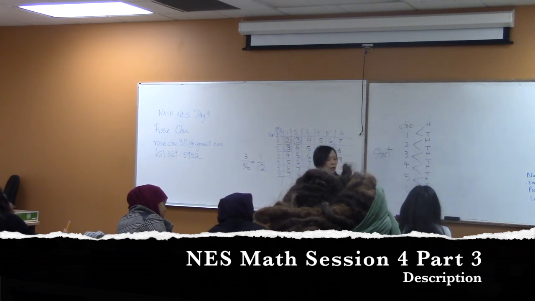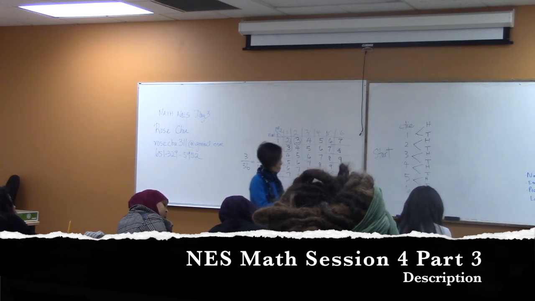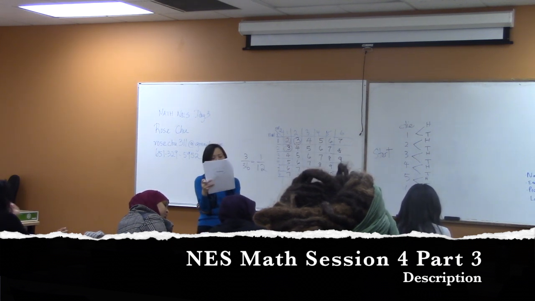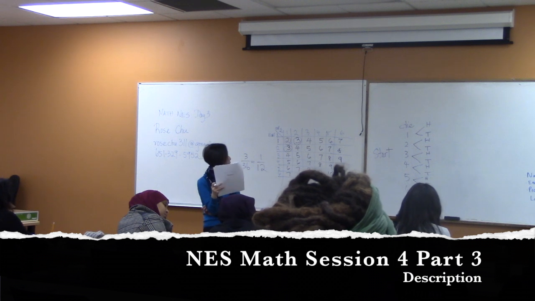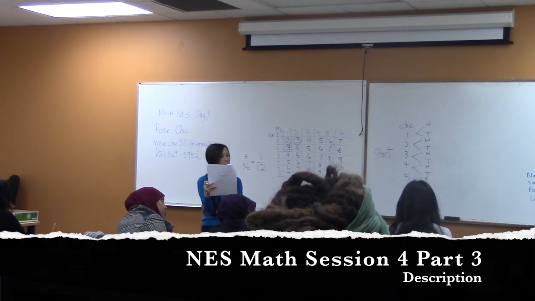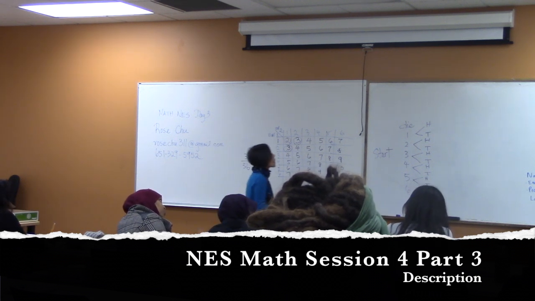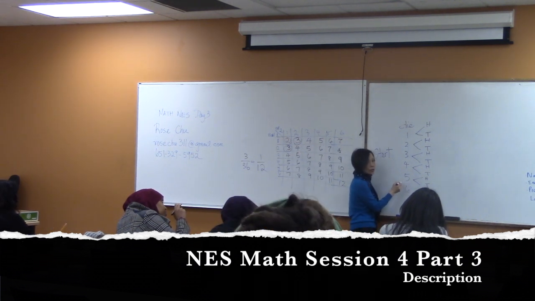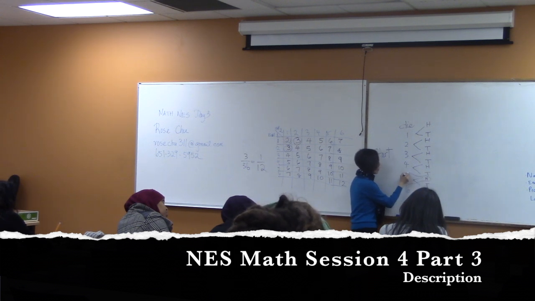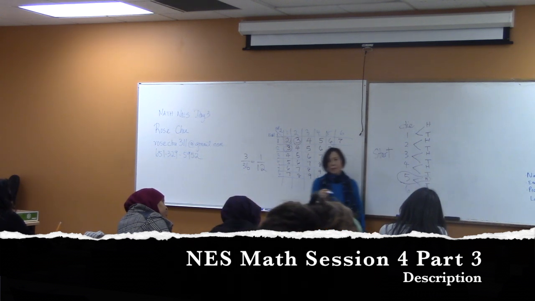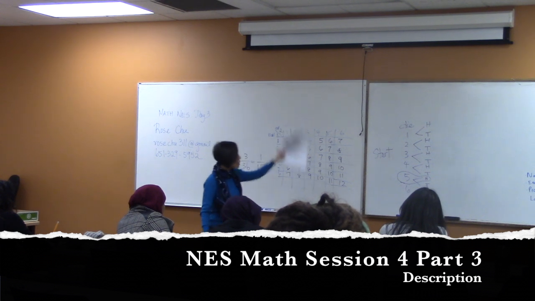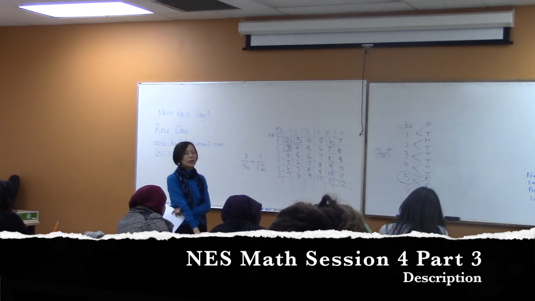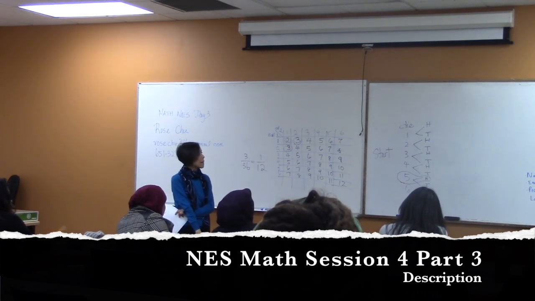Okay, so what is the question asking you? Probability that a 5 appears on the die and a head appears on the coin. Can I circle the part that they want? Yep, 5. So how many possibilities are there? 12.